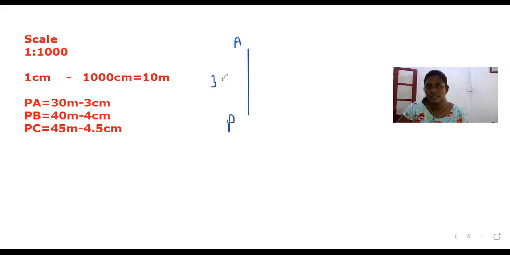Now as this is our scale diagram, we show the lengths in centimeters. Then keep the protractor and take 120 degrees. You have to keep the protractor in this way, like this. Then measure 120. Then the length of this line must be 4 centimeters.